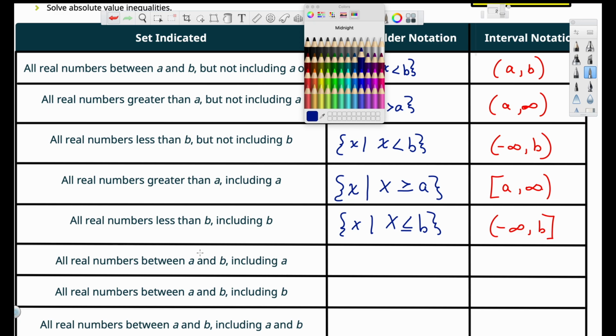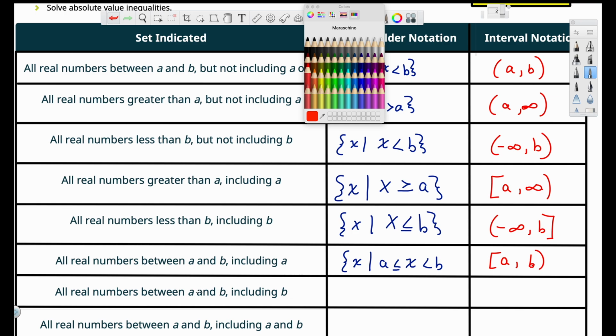All real numbers between a and b, including a, but not including b. So that's going to be including a, is a square bracket, not including b, this is a curved parentheses.